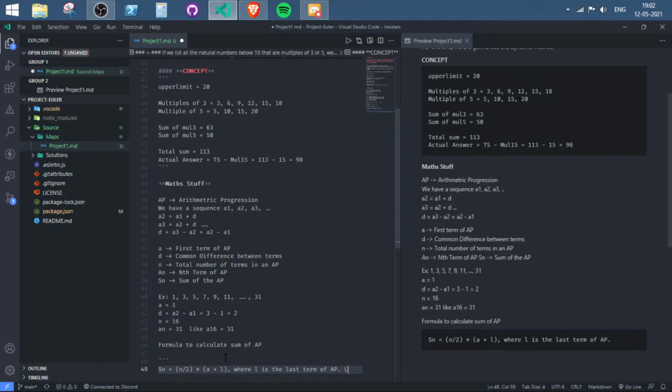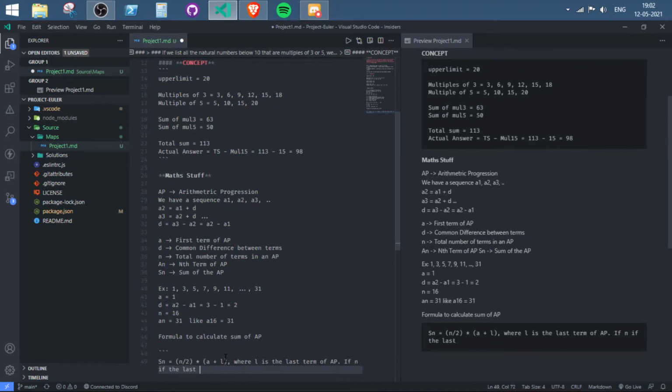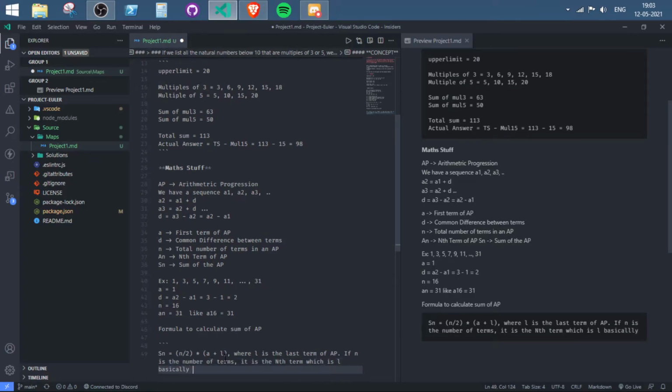So if n is the number of terms, then the nth term, an, equals l, kind of.